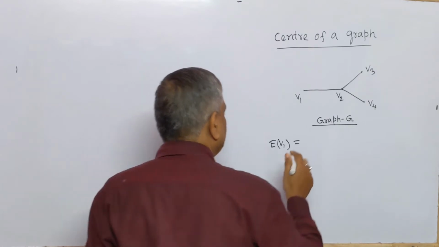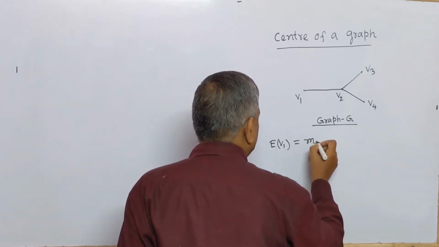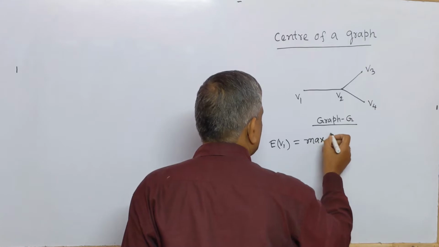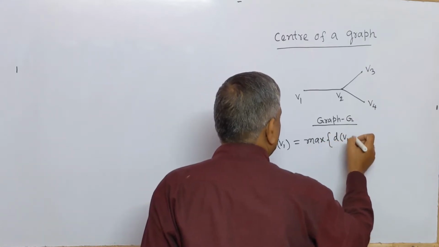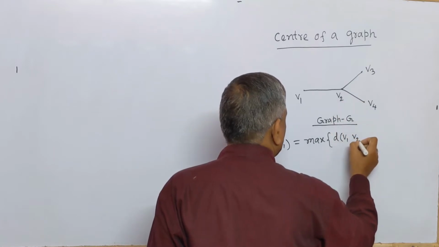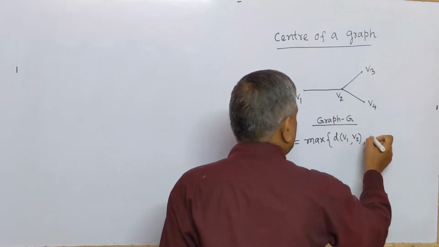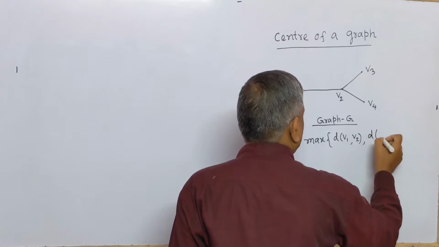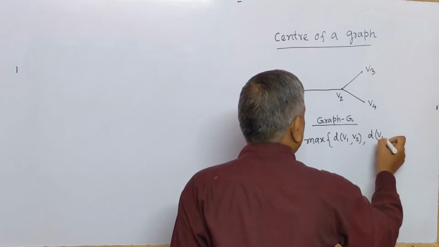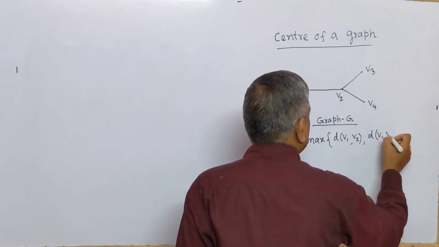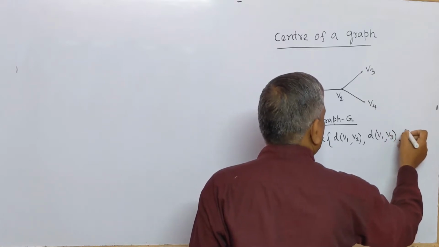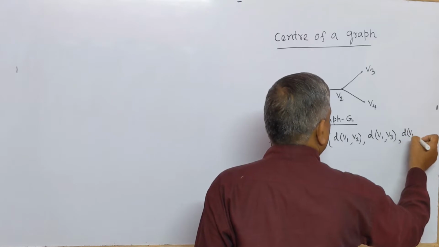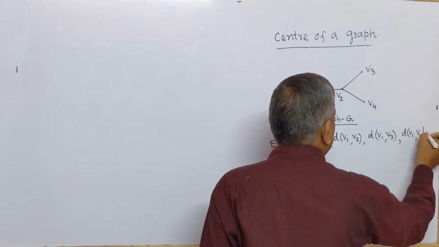So, we find this maximum of d(V1, V2), distance of V1 V3, distance of V1 V4.